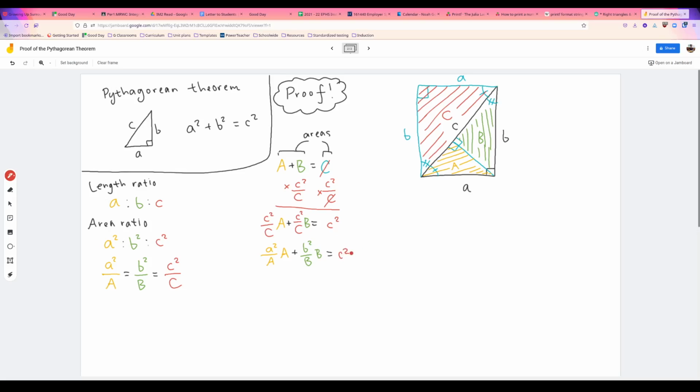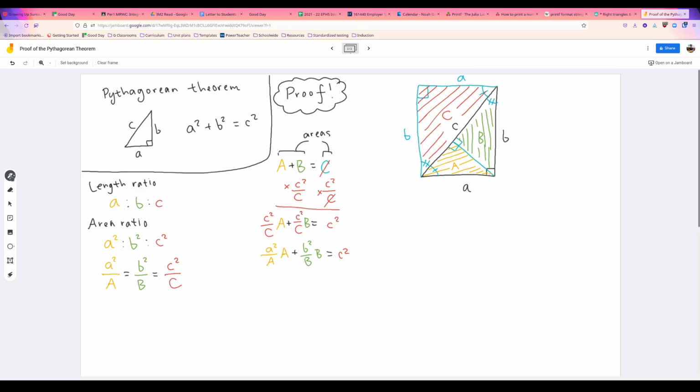So all I did was replace c squared over C with the thing that it's equal to in two different situations. It's equal to a squared over A, so I replaced it with that here, and it's also equal to b squared over B, so I replaced it with that here.